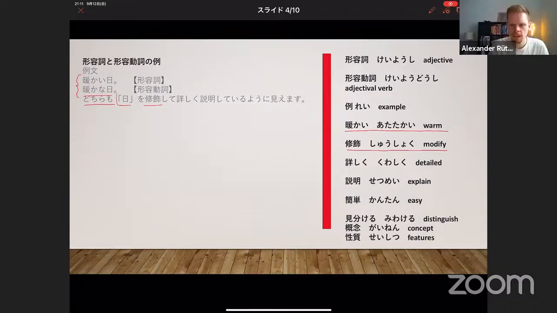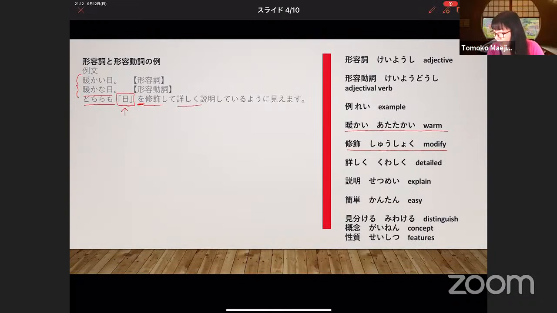Both modify the object of the sentence, so both of them modify 日, nichi.